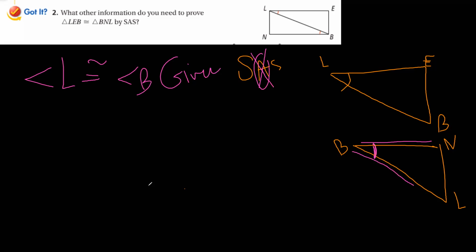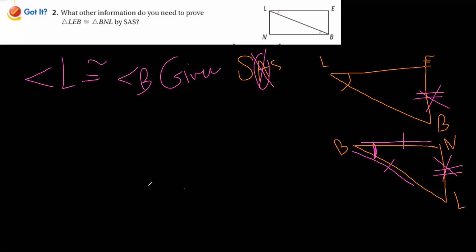If I prove that these two sides are congruent to the other two sides in the other triangle, I will say that they are congruent. So since I have this angle, I want to check this side and this side only. This one and this one don't help me, even though he told me they are congruent. I need only NB and BL.